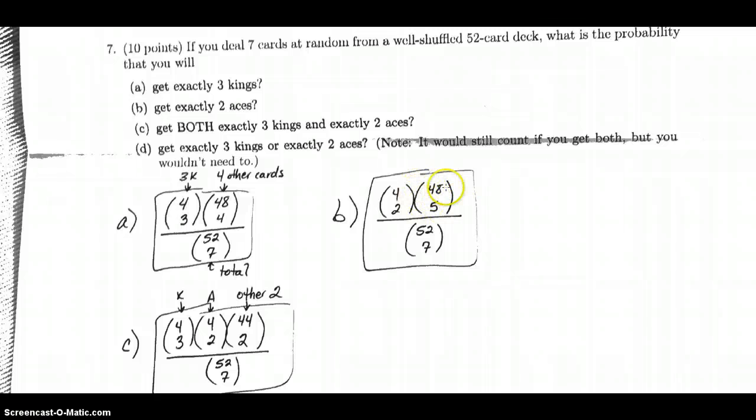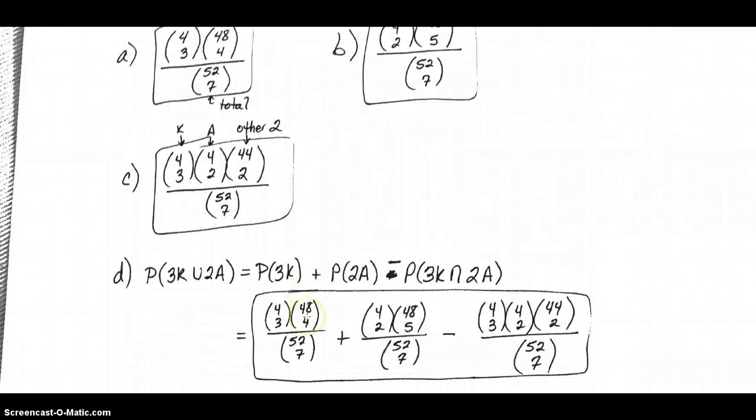And notice, now we're not worried about getting a king here. It would be okay if we got a king at this point. And here, we need both exactly 3 kings and 2 aces, so we choose 3 of the 4 kings, 2 out of the 4 aces. We have 44 remaining cards that are permissible, remember, because we can't get a king or an ace. We don't want a king or an ace. So 44 left to choose from, we want to choose 2 of them.